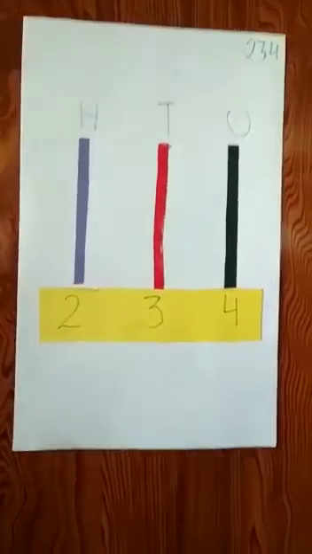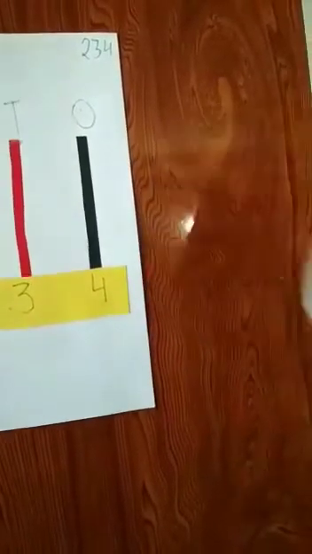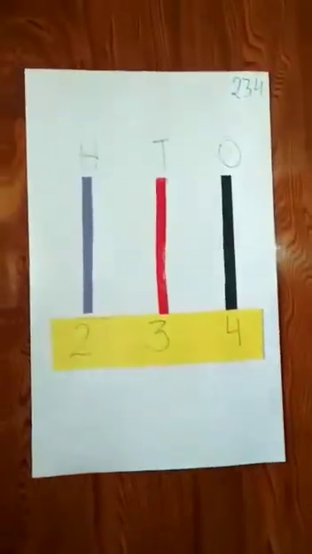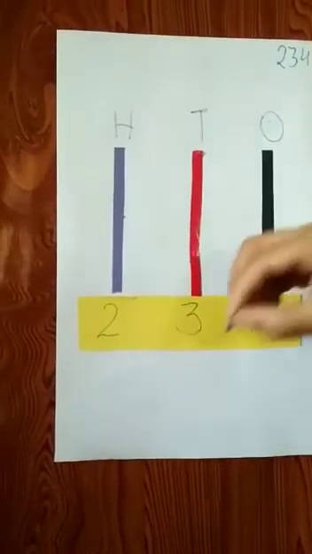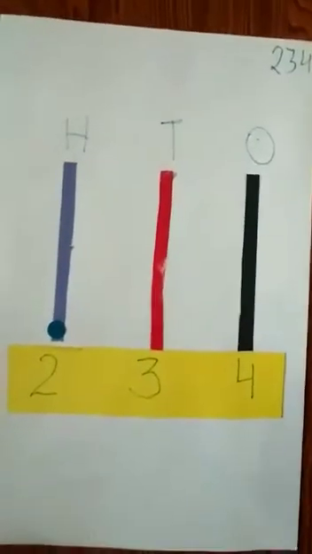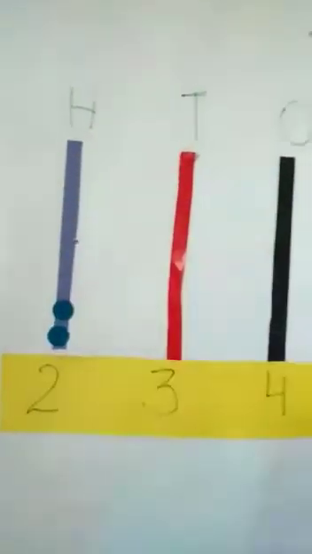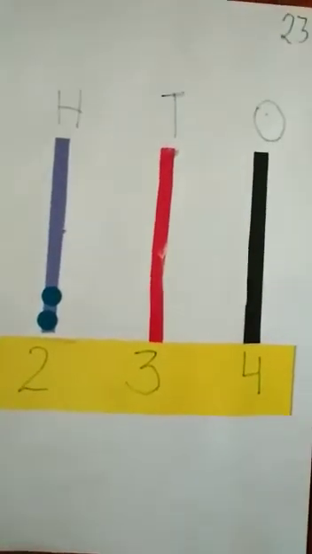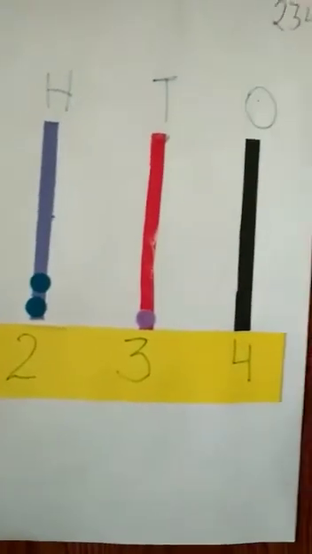Now with the help of these colorful bindis, I am going to paste them over here. See, for 2 I am going to paste 2 colorful blue bindis like this. For 3 I am going to paste 3 purple bindis over here.